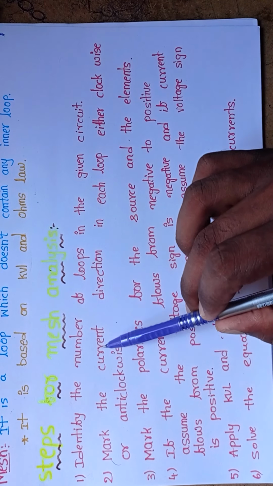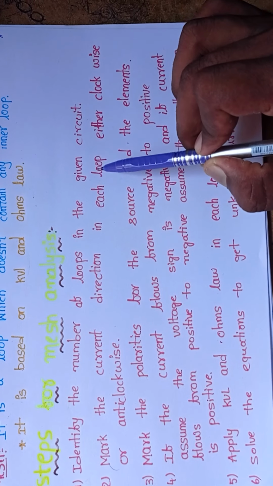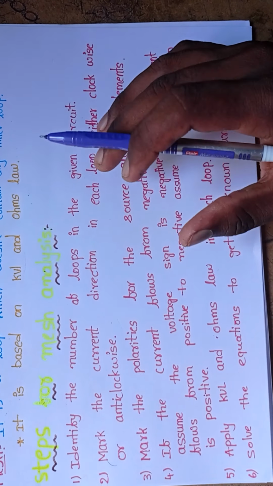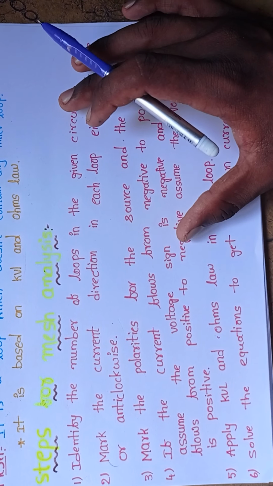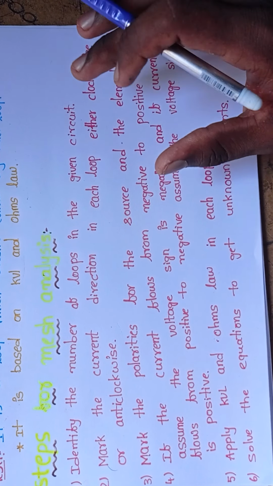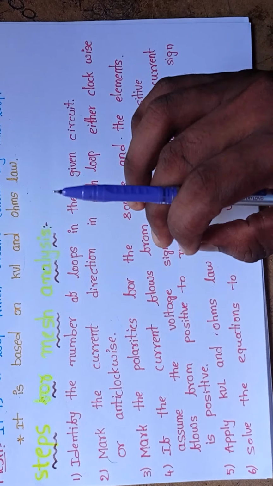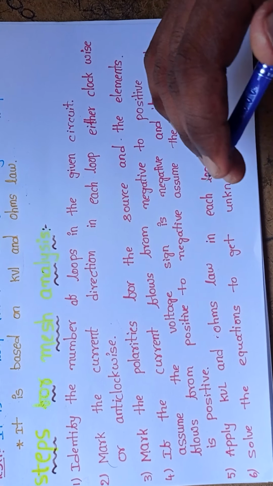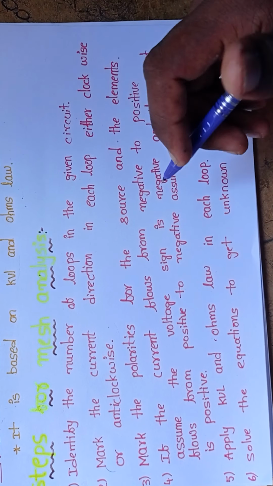Next, mark the current direction in each loop, either clockwise or anti-clockwise. Suppose we have two loops in a circuit. Then in the second step we need to mark the current directions, either clockwise or anti-clockwise.